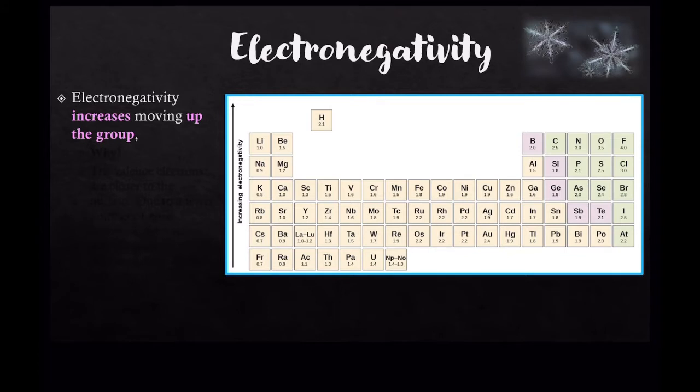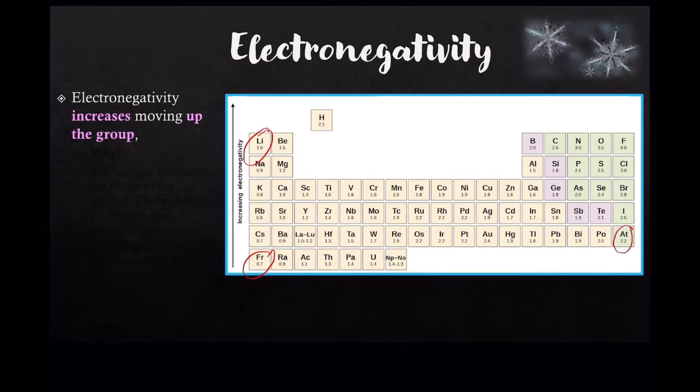When you go up a group, electronegativity increases. Take the alkali metals, for example, going from francium with a value of 0.7 all the way up to lithium with 1.0 as its value. Or let's take a look at the halogens on the extreme opposite end.